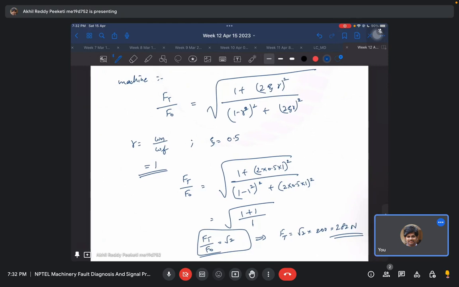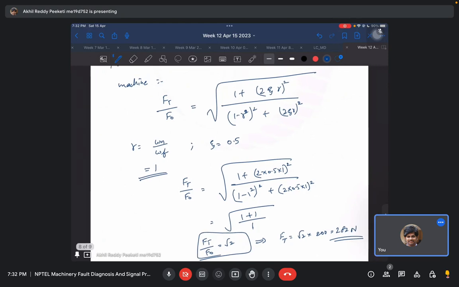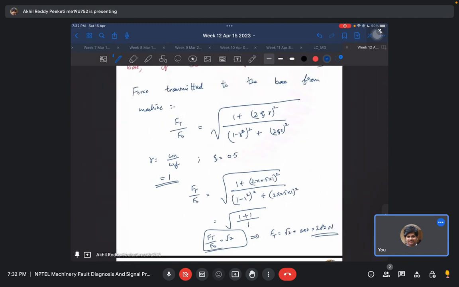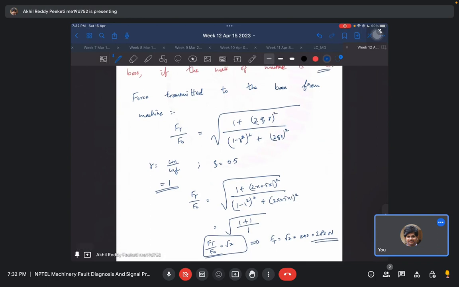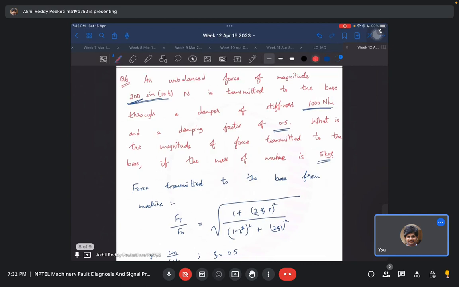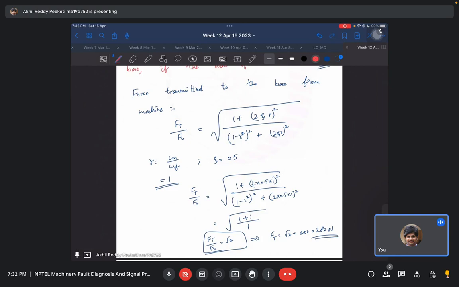This is the force transmitted to the base from the machine. Okay, let's move to the next question.